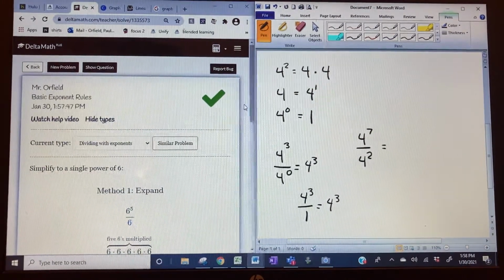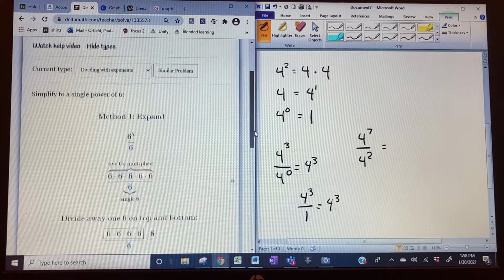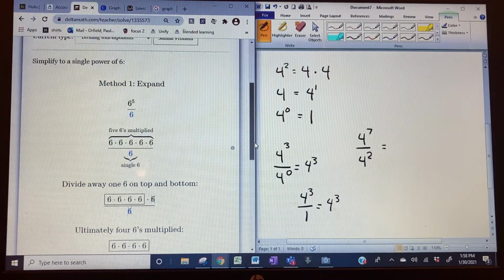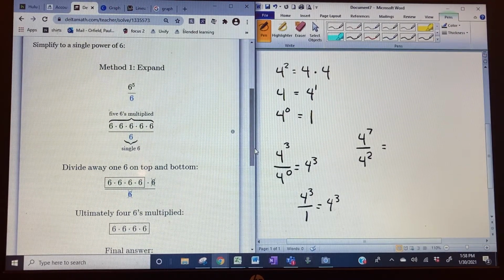I think that's helpful. So I'm going to do this one a little quicker. Actually, I'm going to write this one out because I think my explanation might be a little bit better.